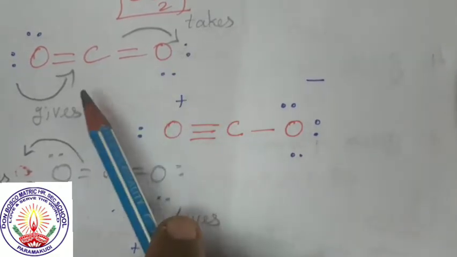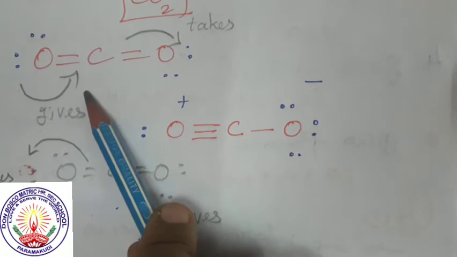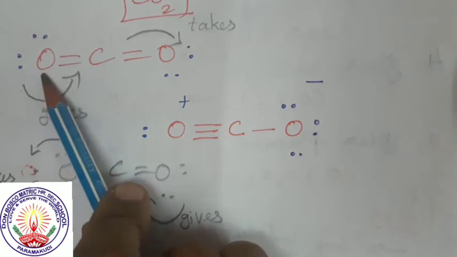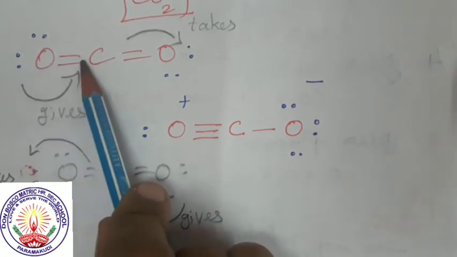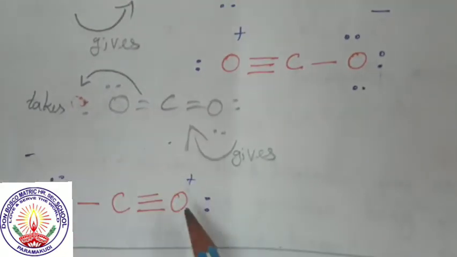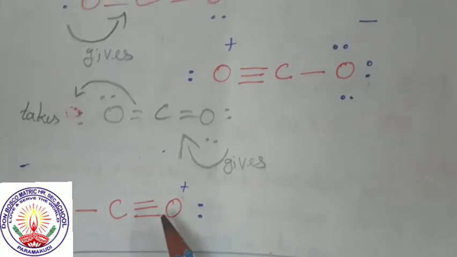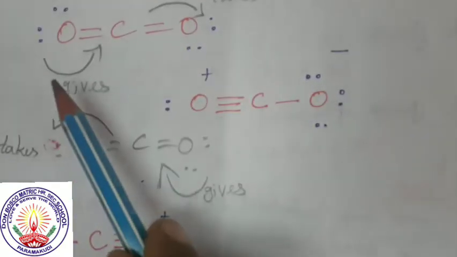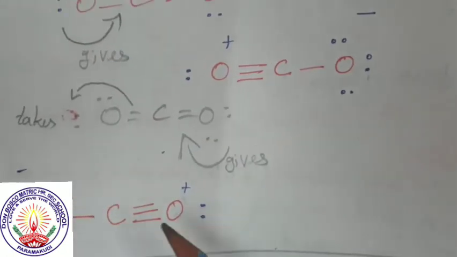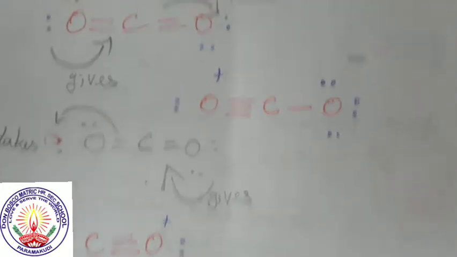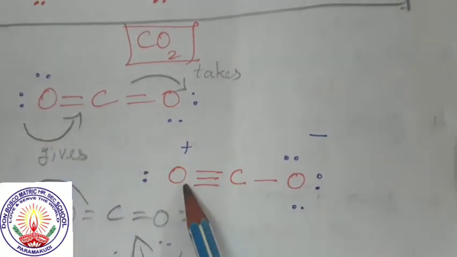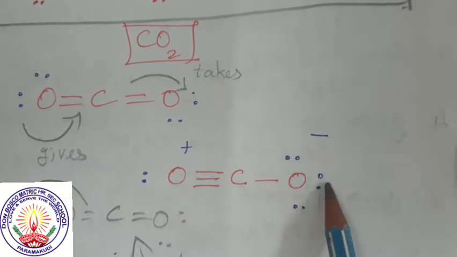At the same time, on the other hand, the oxygen shares its electron pair. So this double bond becomes a triple bond here, and 4 becomes 2 electrons. Okay, this is the first.